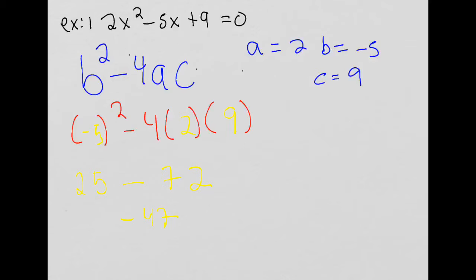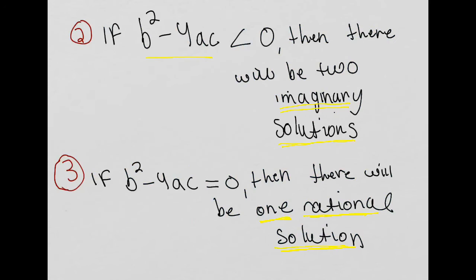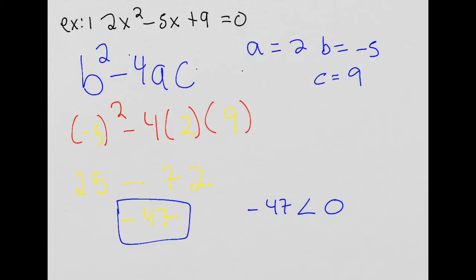Now, based on our rules, -47 is less than 0. I think this is on rule number 2. If the discriminant is less than 0, you will have two imaginary solutions. So our answer here is two imaginary solutions.